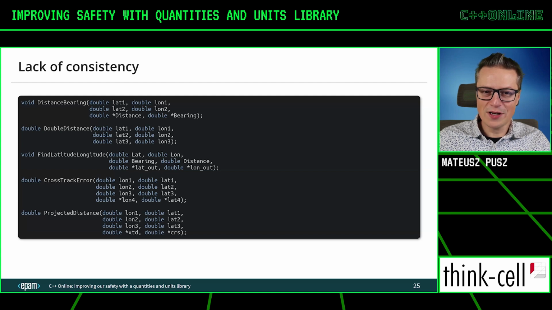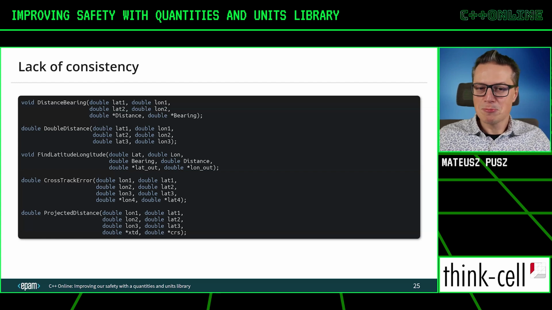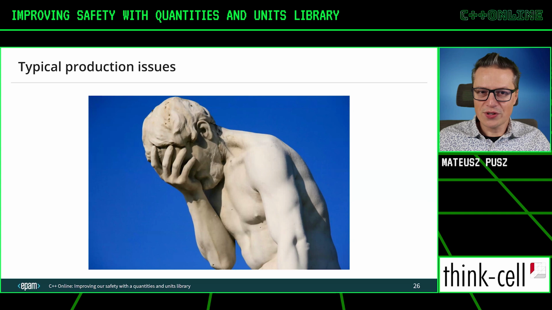And even in one header file, those functions are not consistent with each other. And it's not only about latitude and longitude, but also, let's see here, distance, bearing, distance, in incorrect order. And as all of those types are doubles, if you change the order, no one will basically stop you from doing that, right? No one will complain.